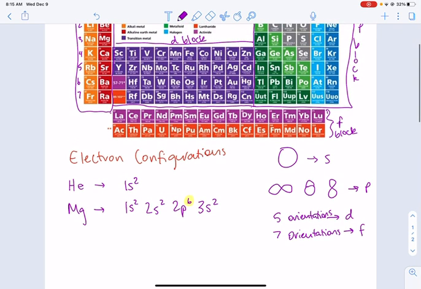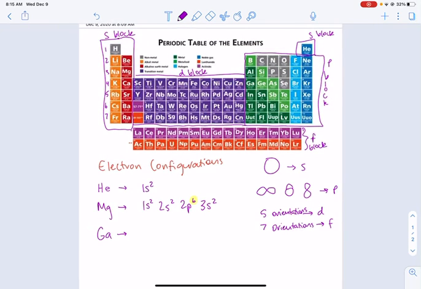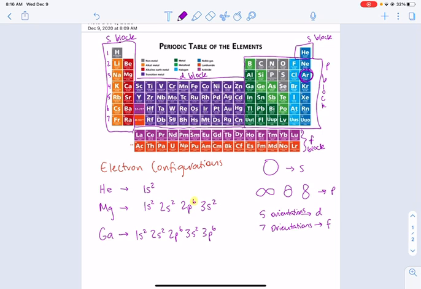So let's do gallium, Ga. So, like I said, we start with hydrogen, 1s1, helium, 1s2, and we keep going. 2s2, 2p6, 3s2, 3p6. Right now we're at argon. So argon is right here. Right? So we keep going. Potassium, K, is 4s1, calcium's 4s2.